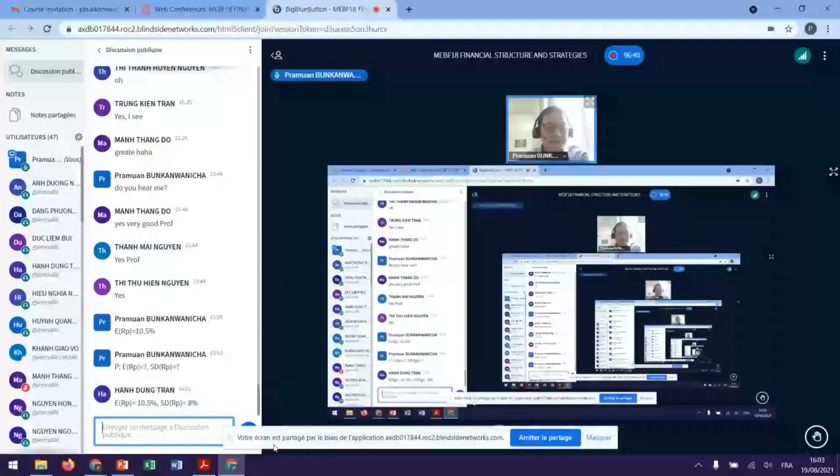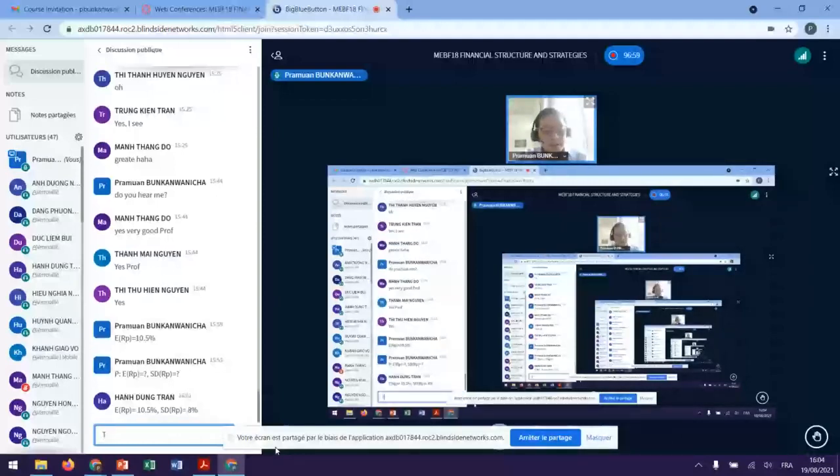Okay. Thank you. So the expected return of the portfolio is 10.5% and SDRP, which is the volatility of this portfolio P, is 8%. Okay. Anyone help me to write the tangent portfolio? So what is the ERT equal to, and SDRT is equal to what?